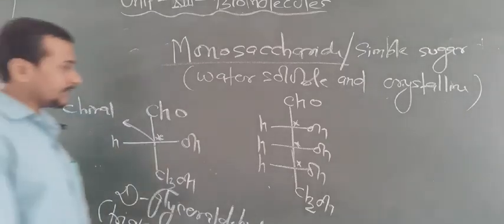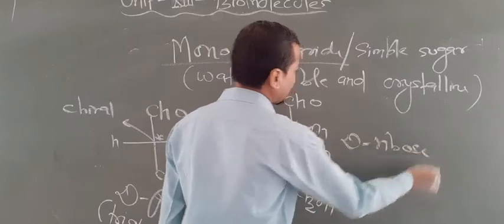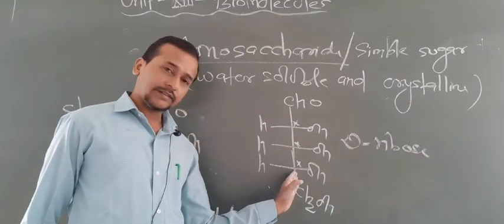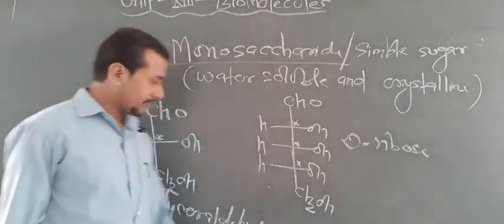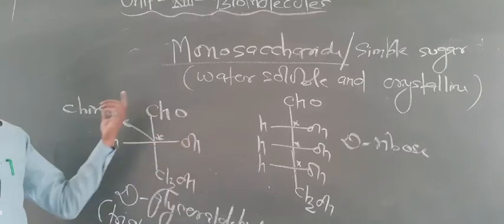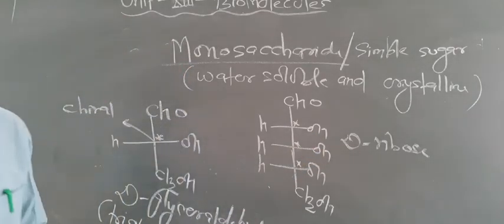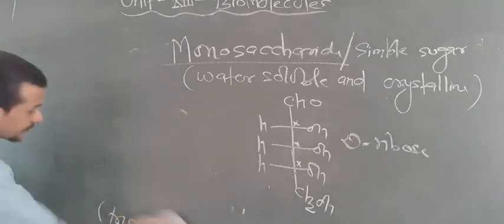This is the structure of D-ribose, because here, look at the last chiral carbon, OH is on the right side, similar to glyceraldehyde. So that's why this is known as D form. These are some common examples of monosaccharides which you have to know.